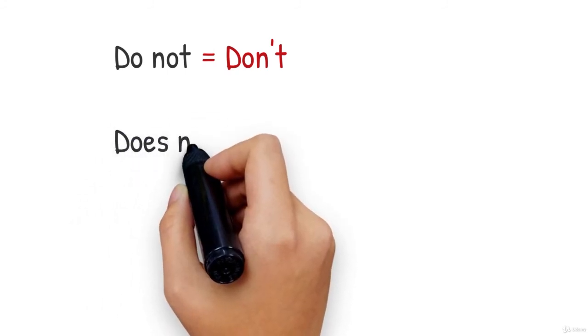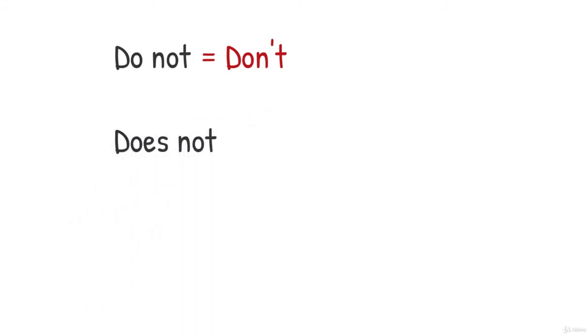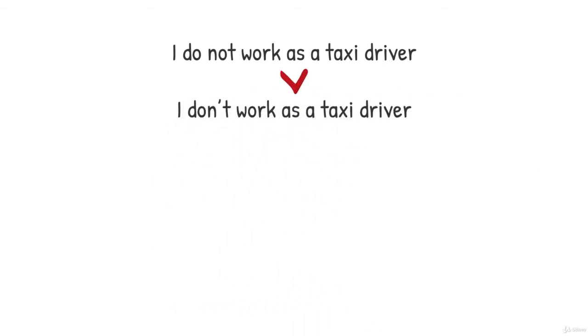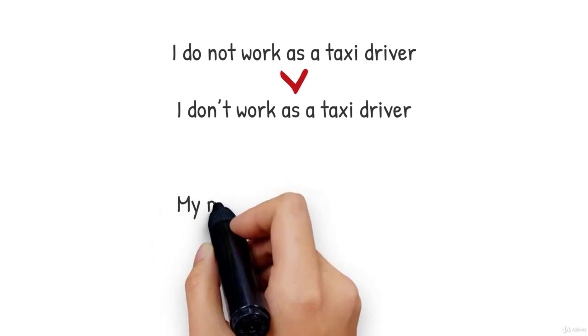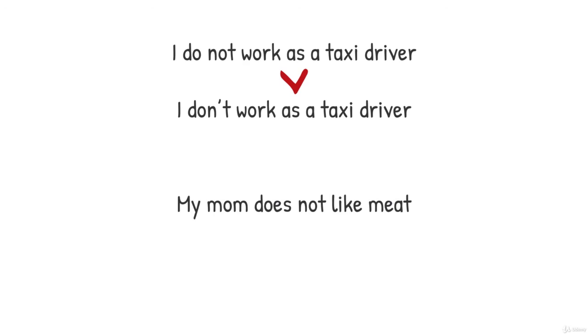We often contract do not into don't and does not into doesn't. I do not work as a taxi driver. I don't work as a taxi driver. My mom does not like meat. My mom doesn't like meat.